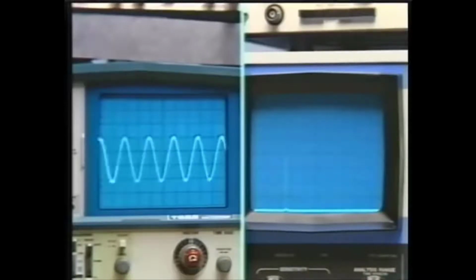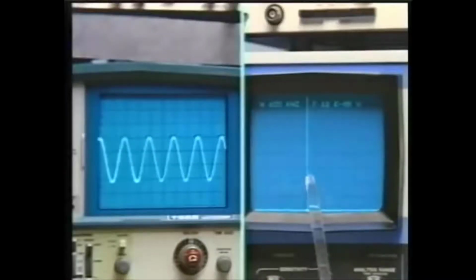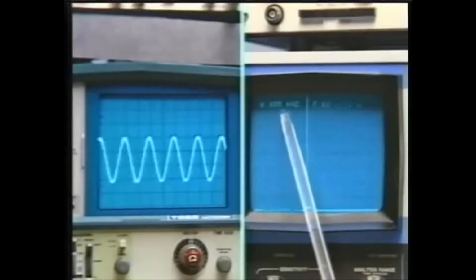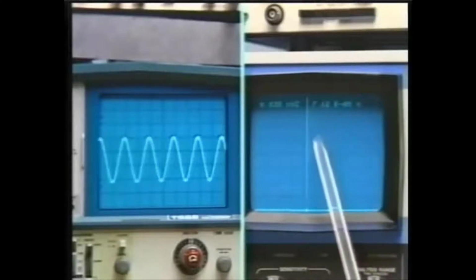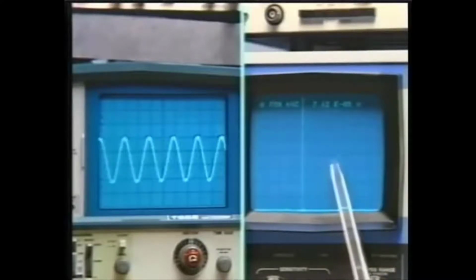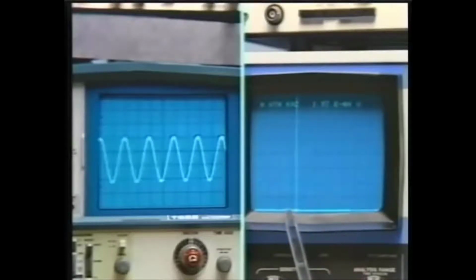Now, in fact, we can measure that frequency because the spectrum analyzer has a cursor associated with it, which I've just enabled. This line is the cursor line. There is a readout for the frequency and a readout for the amplitude. Let's position the cursor on the frequency of the sine wave.